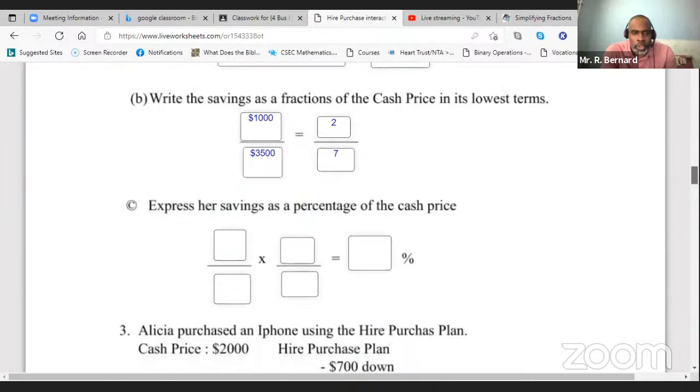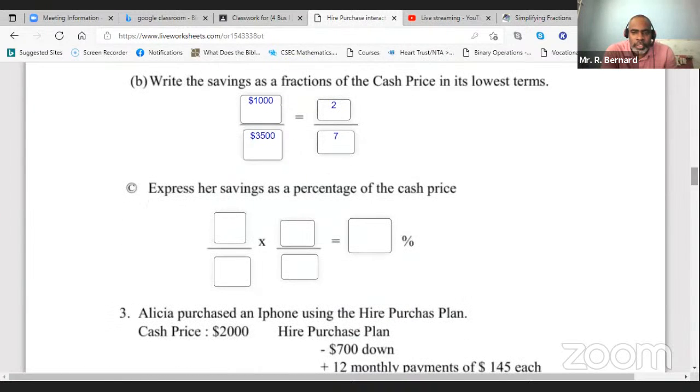All right. So the final part of it. Express her savings as a percentage of the cash price. How do you work this out now?